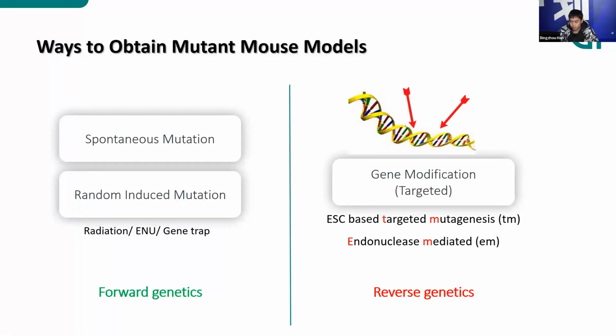Traditionally in genetics, we have two main approaches to get the mutants.